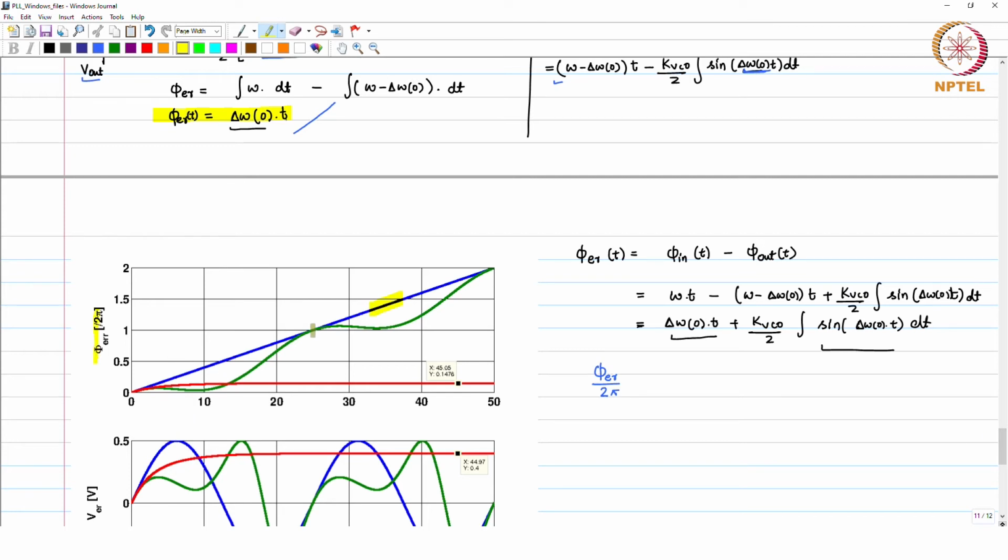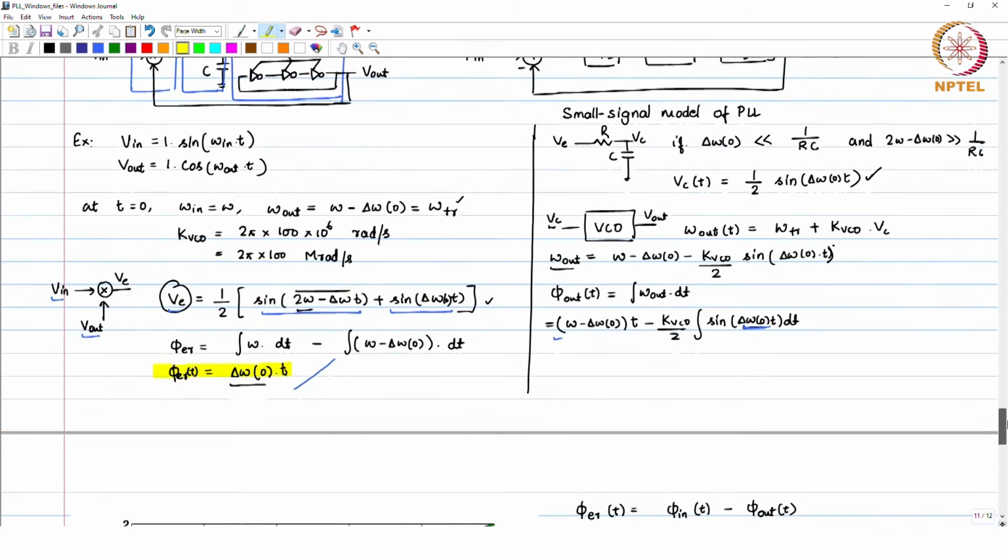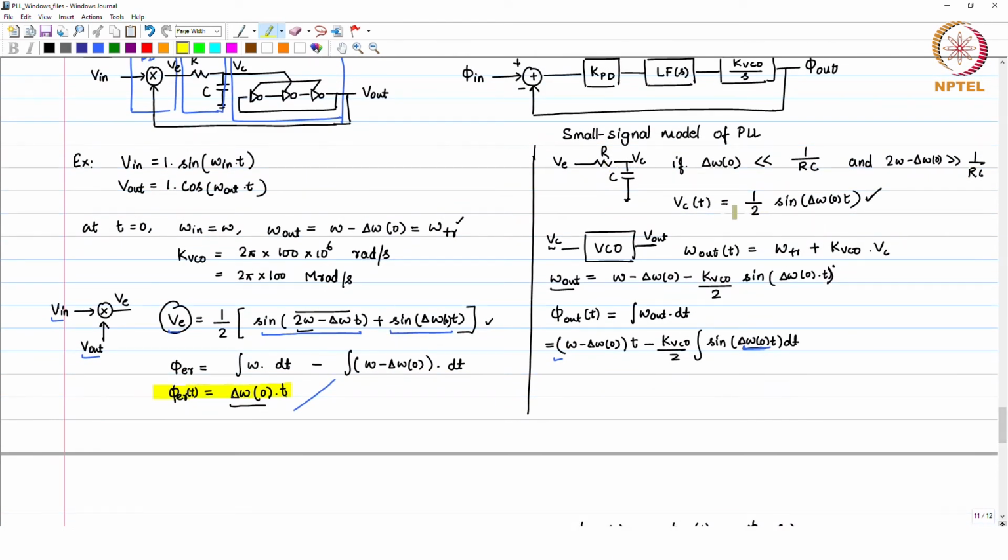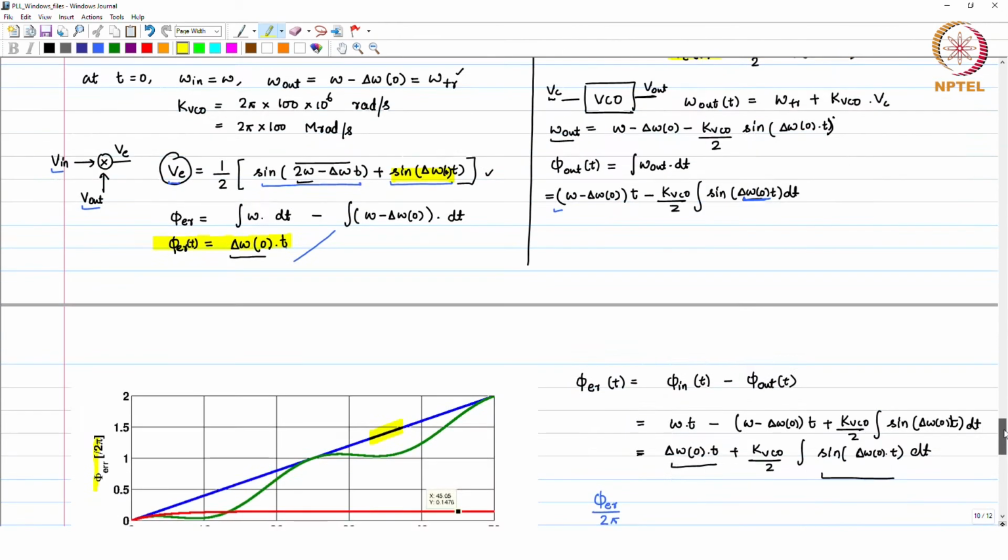So, what you see is that the output value is 1 in place of being 2 pi or 3 pi, and so on. Then the next one is your error voltage or control voltage, which you see here, this one, half of sine of delta omega 0 t.